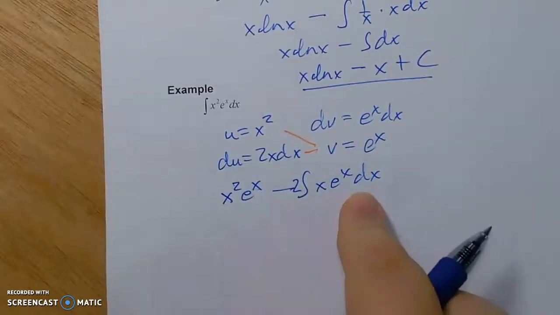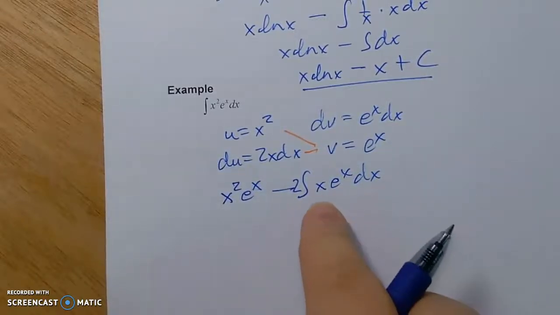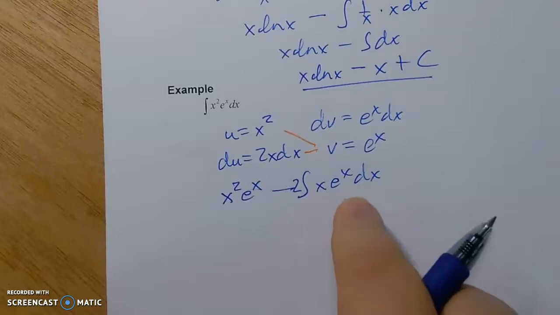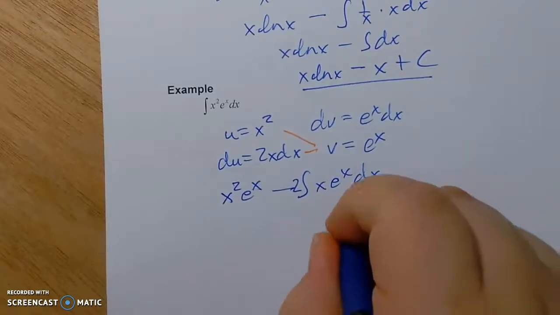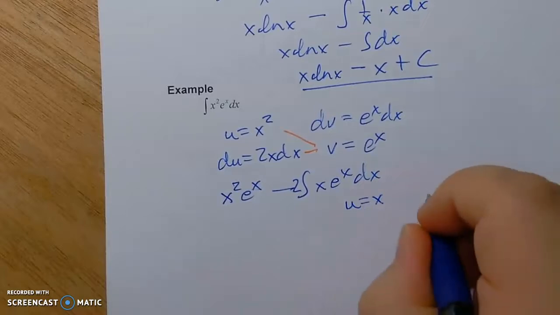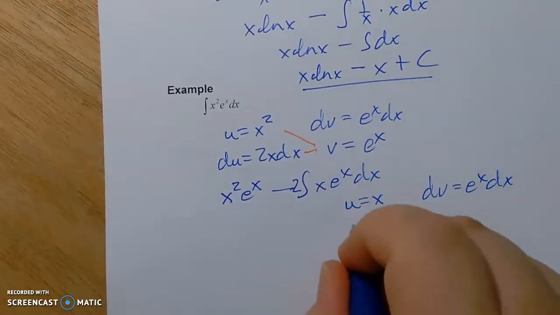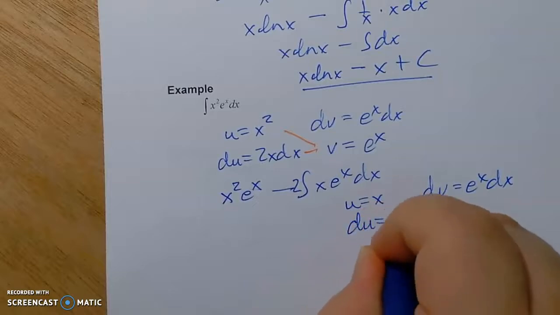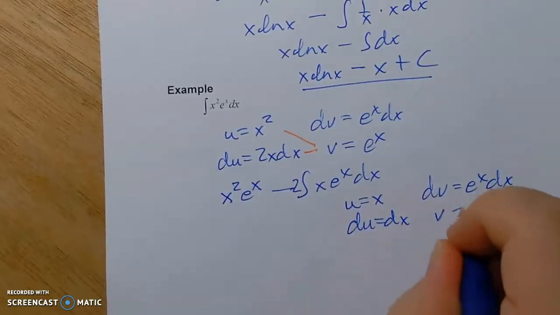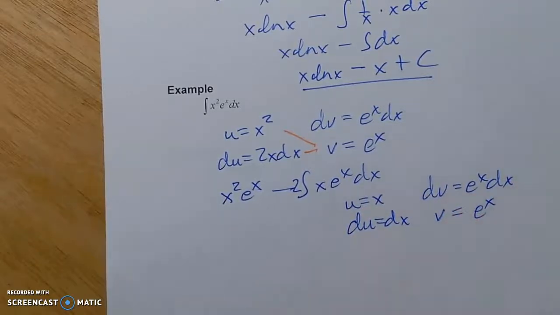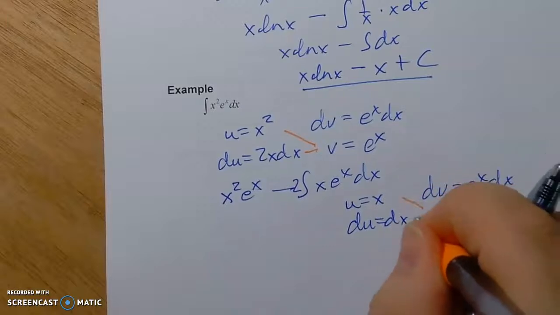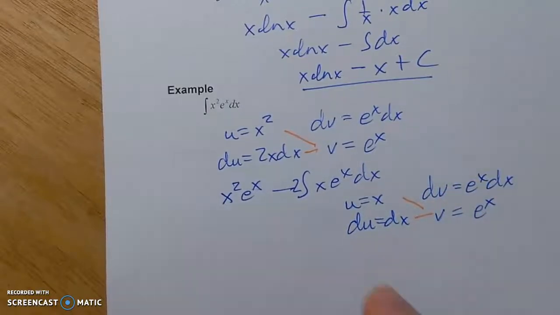Well, I don't recognize this yet, but we could do the integration by parts technique again on this. So let's do that. Let's say u equals x and dv equals e to the x dx. Derivative would be du equals dx. Integral would be v equals e to the x. Again, we're going to cross and then multiply there.